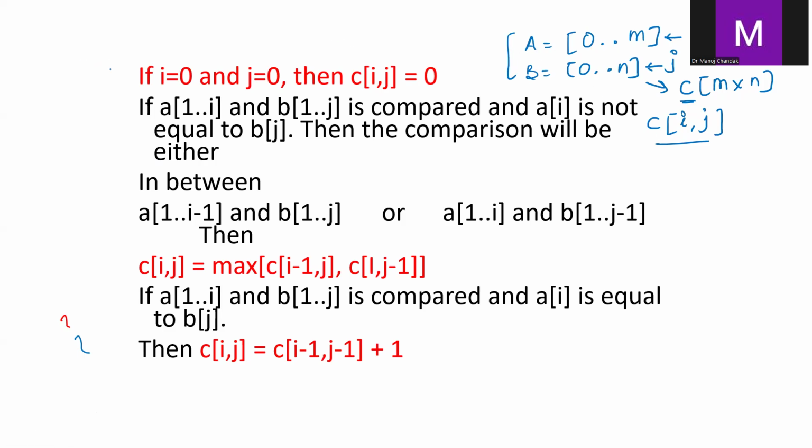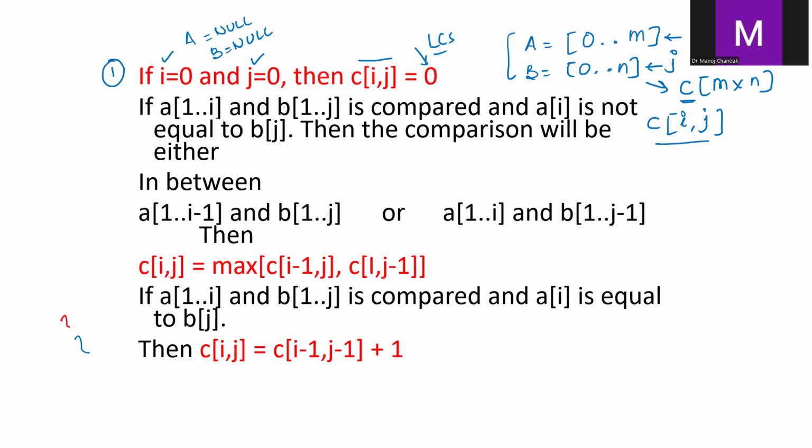There are different possibilities, out of which the first possibility is there is no content in A and there is no content in B. That is, string A is null and string B is also null, and this will create the first element of matrix C, and the length of LCS will be 0 here. This 0 indicates the length of LCS. It means that there is no content in A and there is no content in B.